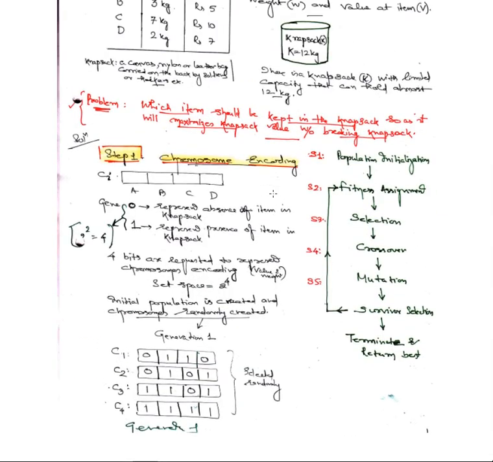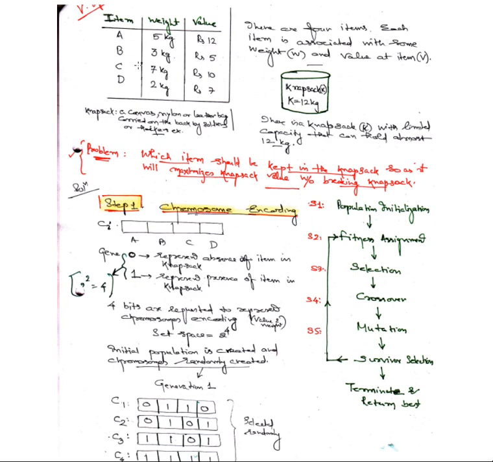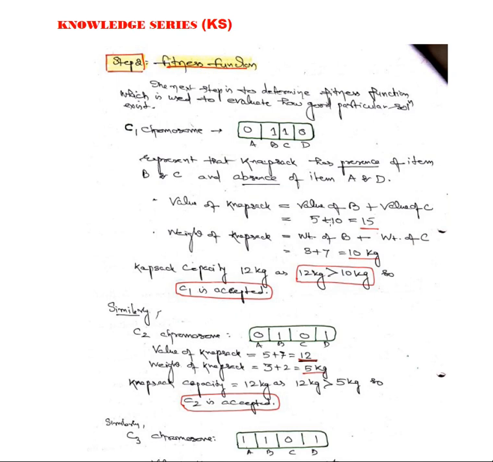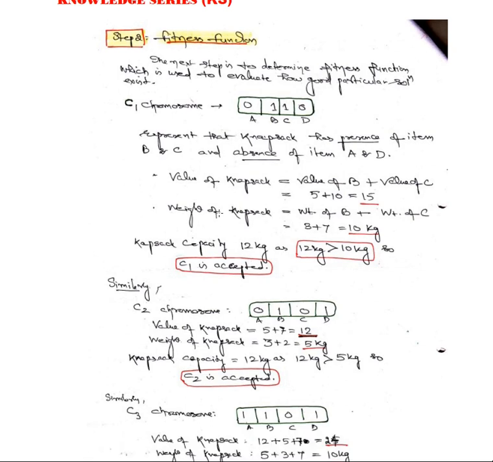You see here these two values B and C are 1, so 5 and 10, and here it is 3 and 7, remember this. So 5 and 10 gives the value 15, and the weight is 3 and 7, 10 kg. You have seen that 12 kg is greater than 10 kg, so C1 is accepted, so this is okay for the fitness, so we consider it.